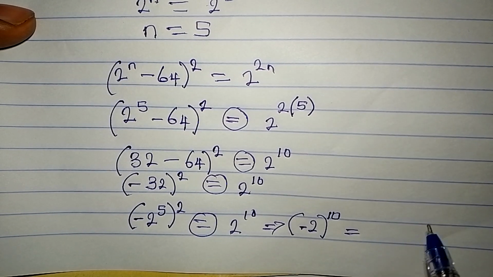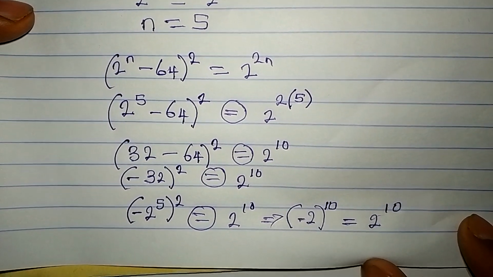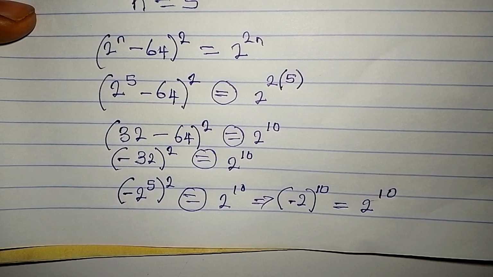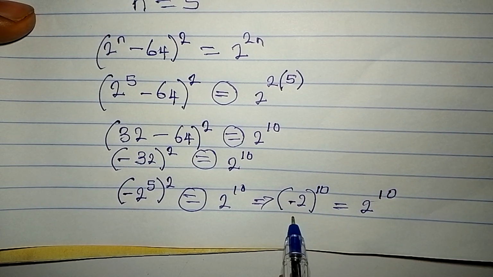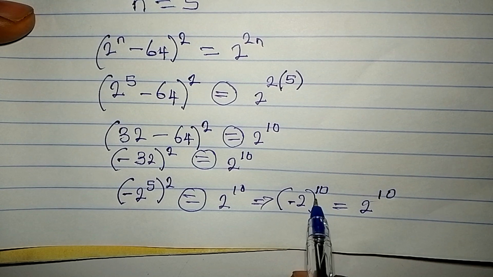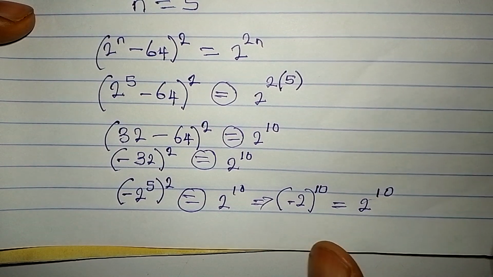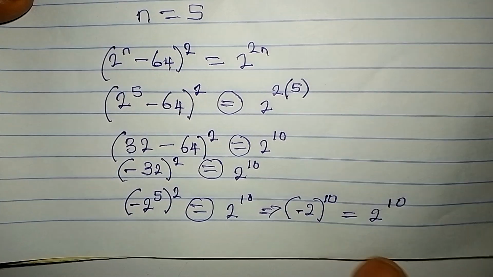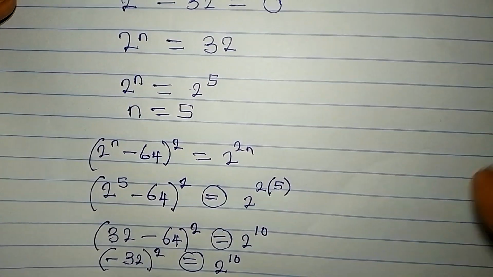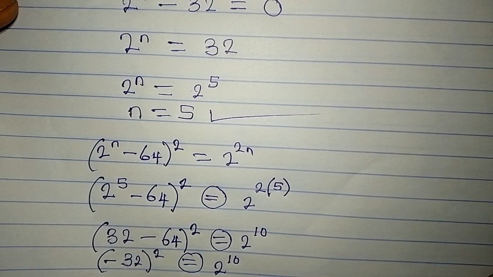Then, do you think that will be equal to 2^10? The answer is yes. Every time you're raising a negative value to an even power, it gives you a positive value. So this and this are the same thing. What are we saying? We have confirmed that n equal to 5 satisfies the equation.